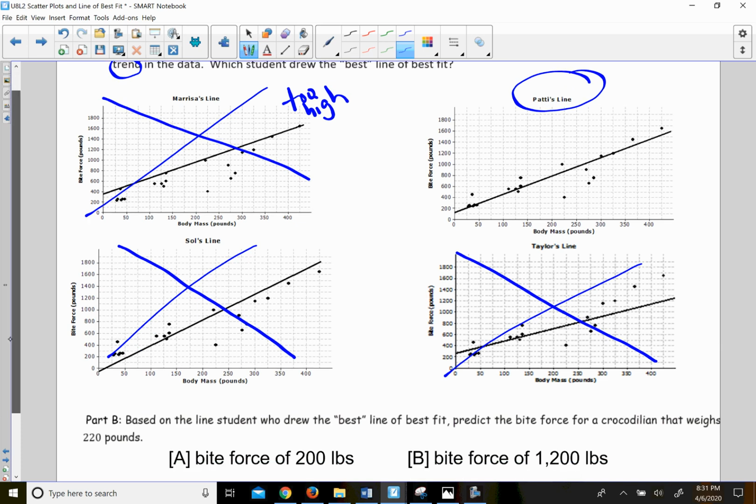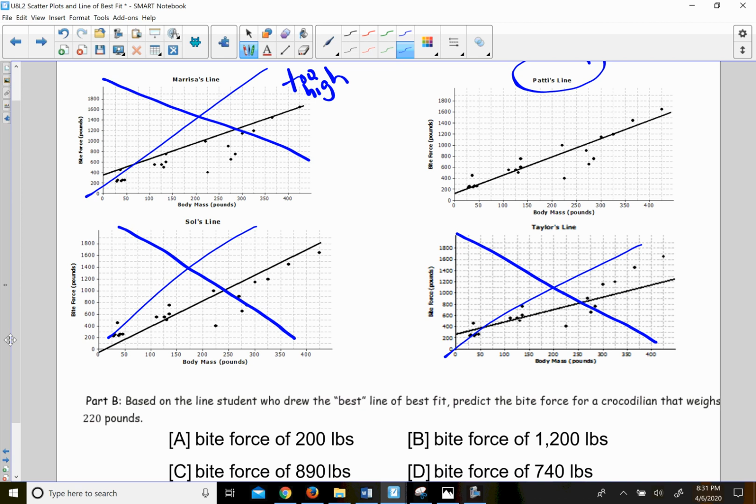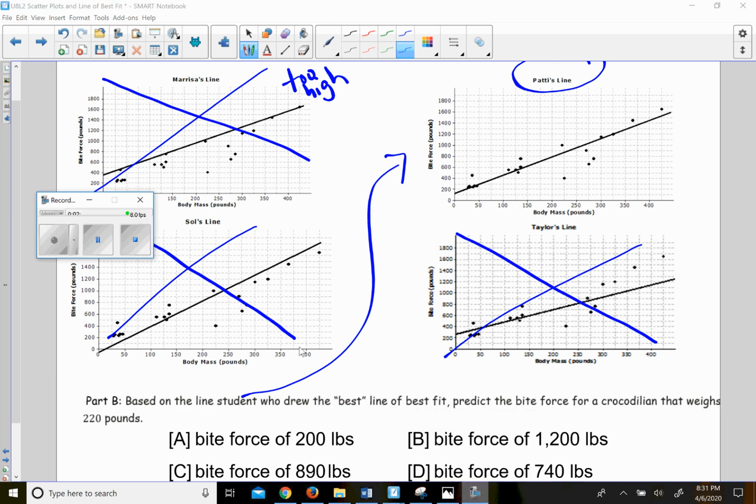So then part B says, based on the student who drew the line of best fit, so based on Patty, right? The line of best fit, we're going to predict the crocodilian that weighs 220 pounds, what its bite force is going to be. So if we use Patty's line of best fit, so crocodilian's weight, that's the body mass down here, that's 220.